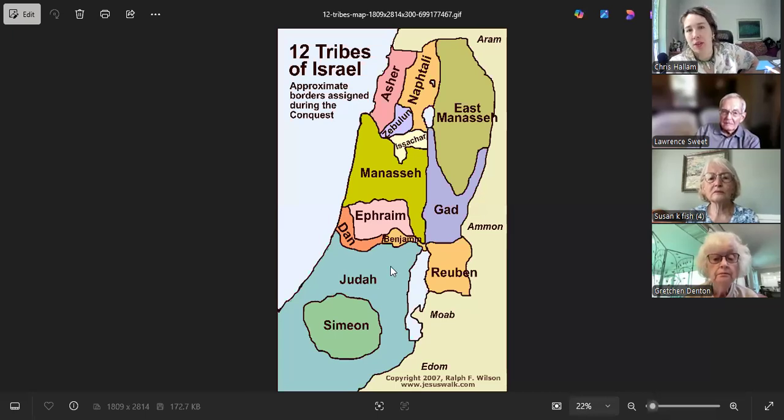So this is the 12 tribes as they are classically laid out. Judah kind of eats up Simeon, and this whole bottom section becomes Judah. This is a big tribe and kind of a tribe unto itself. This area is semi-autonomous, whereas the northern 10 tribes are a unit, more of a stronger confederation.